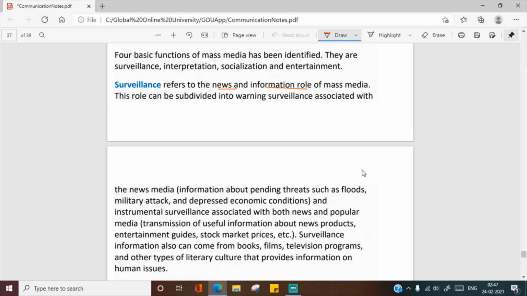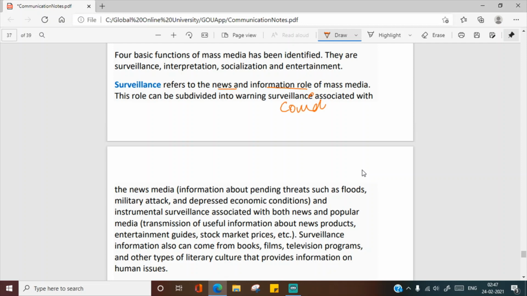For instance, this COVID situation which is going on, this pandemic. Through mass media we came to know about COVID because it started from Wuhan city of China. So we came to know about this virus through mass media.